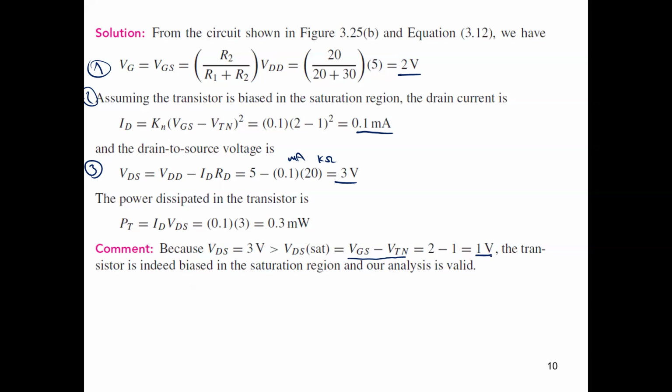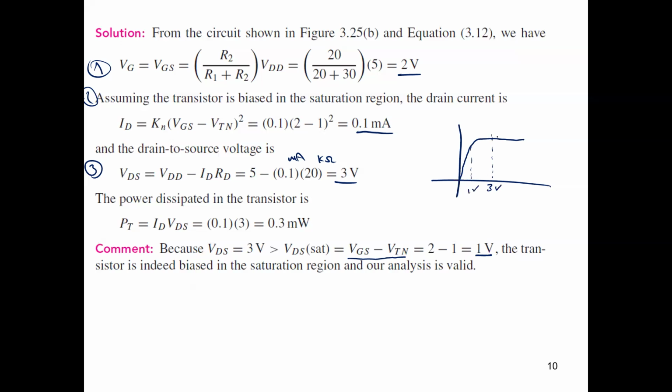Now, we can compare if VDS is greater than VDS saturation or not. We calculated VDS equals 3 volts. So if we draw the characteristic like that, assume this is our characteristic here, the VDS operating point we are working at is 3 volts, and VDS saturation is 1 volt.